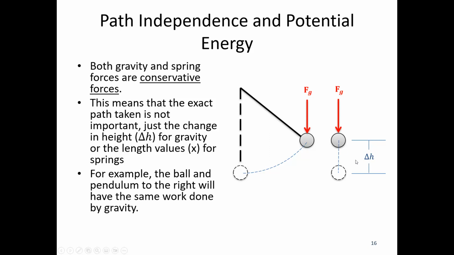So in the end, it works out that it is path independent, which means that it's only the change in height for this case. And for springs, it's only the x value at that instant in time. So it can oscillate back and forth a couple times, but I can still make this work, even if it's not a direct path from one to the other. So this is actually the strength of potential energies, this path independence. Keep that in mind as we go into other work in the future.